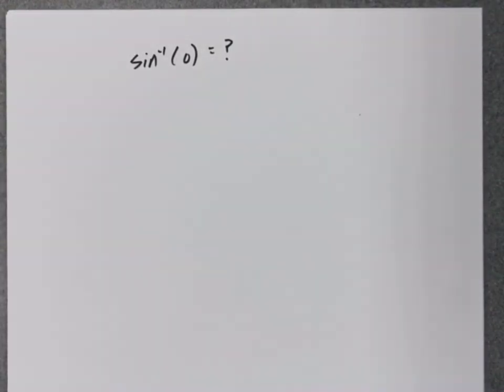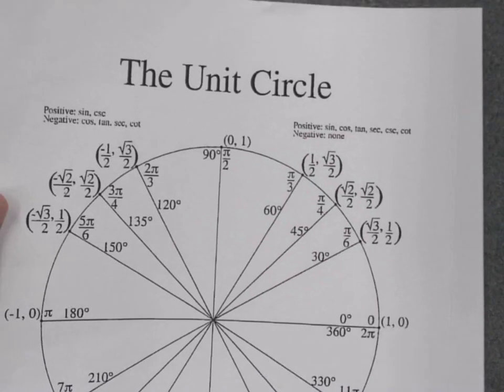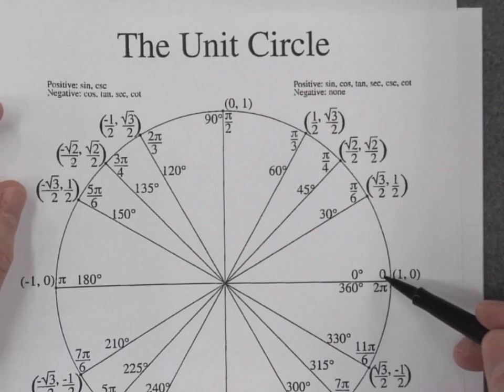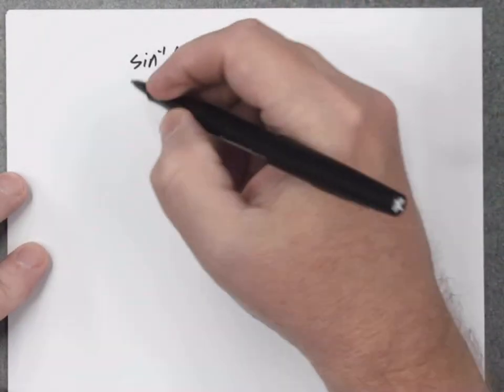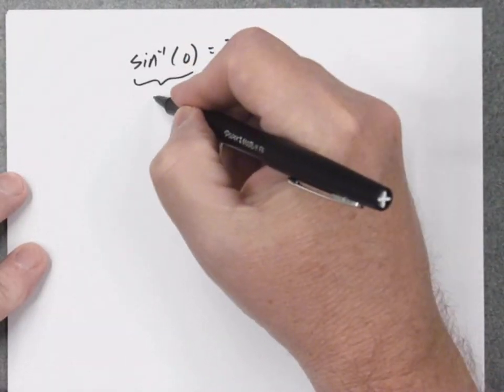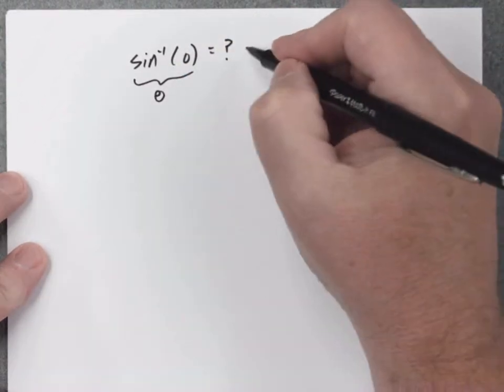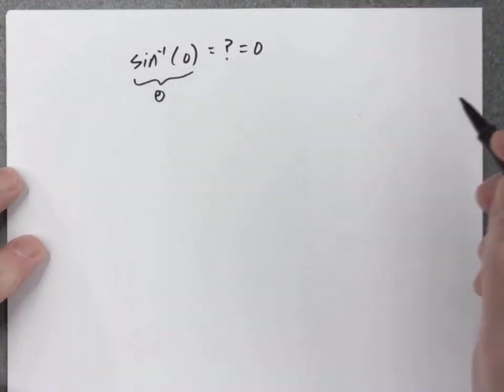What's the inverse sine of 0? The inverse sine says right half of the unit circle, looking for an angle where the sine is 0. Well, that occurs right here at 0 radians. Once again, this is an angle, like theta. It's going to be 0.